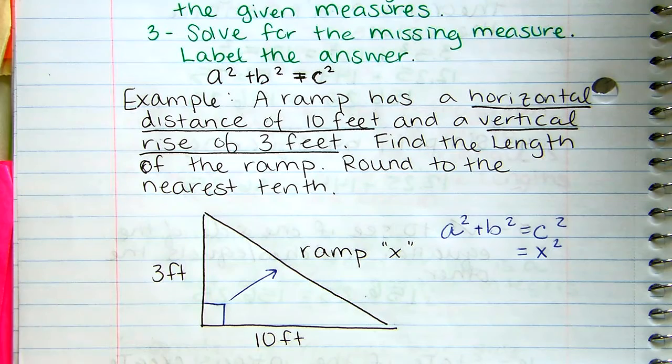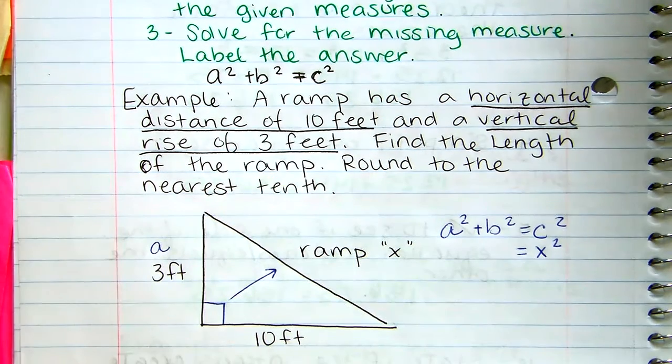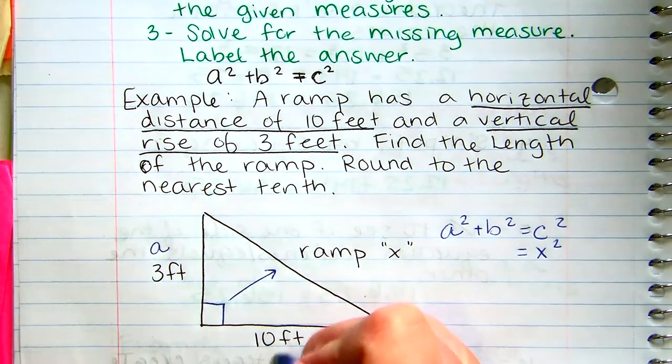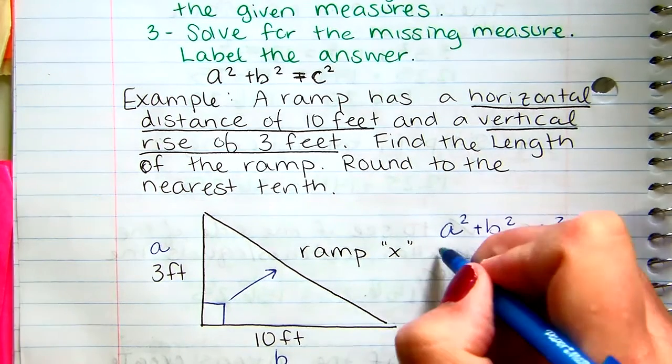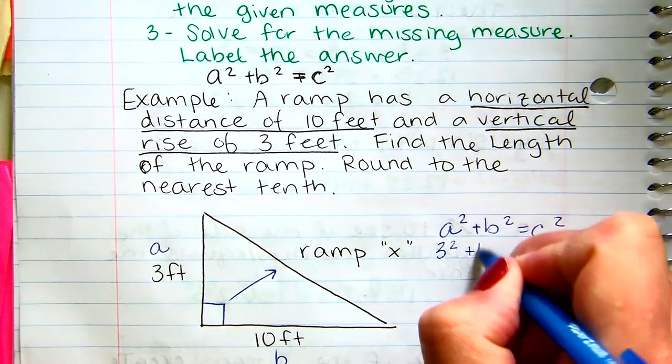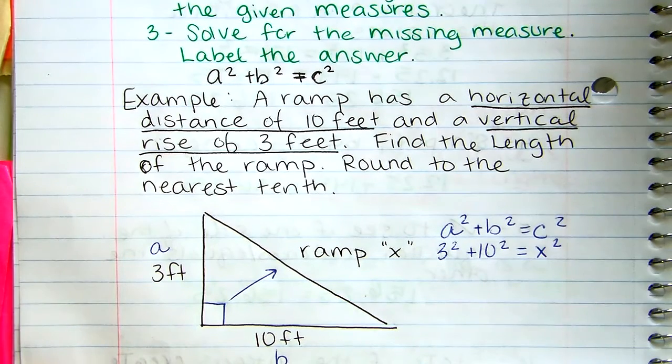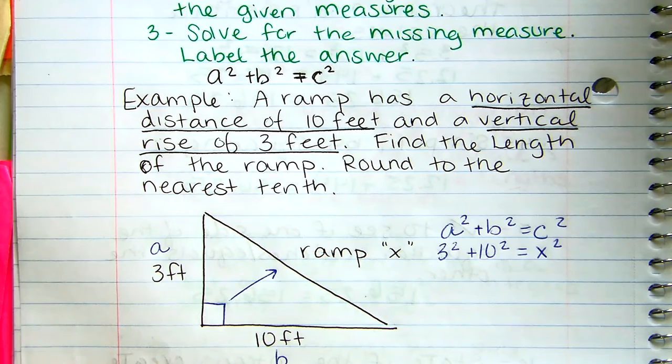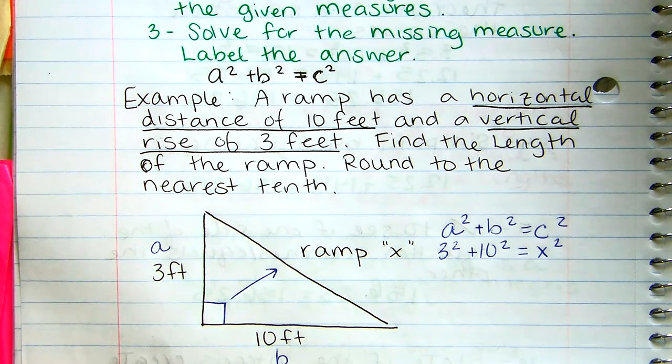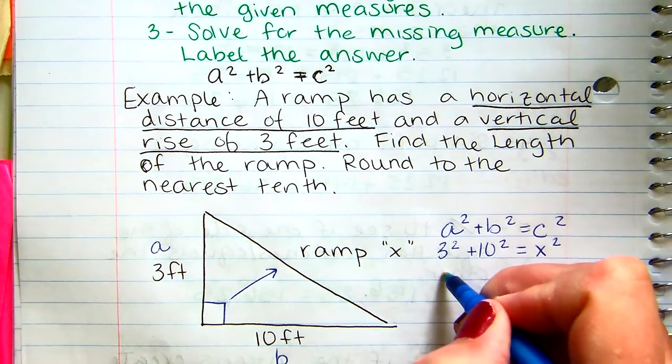I'm going to put an a next to the 3 feet and a b next to the 10 feet. So I'm going to write 3 squared plus 10 squared. So I actually have an equation that says 3 squared plus 10 squared equals x squared. Now 3 squared is 3 times 3, so I'm going to put 9.